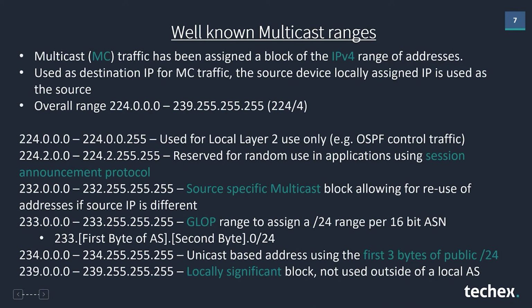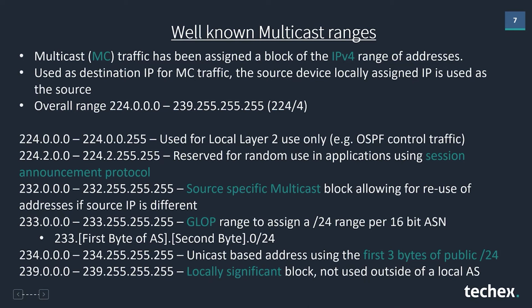You then have a GLOP range. I don't know what that stands for, but it is technically called a GLOP range. Basically, it links with your ASN and the /24 range that you own, to form effectively a unique multicast address range that you own for your ASN.